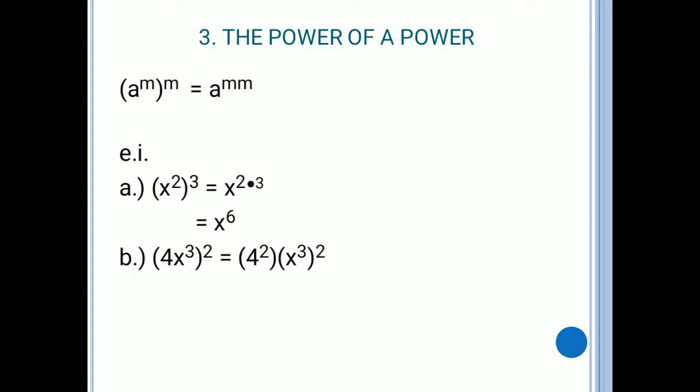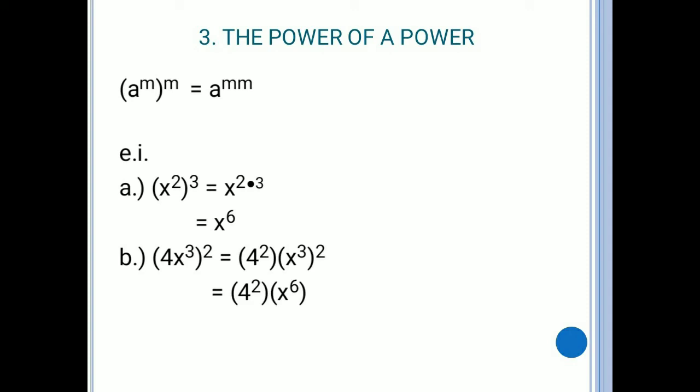Another example, quantity 4x to the third power raised to 2. So, yung exponent na 2 sa labas ay didistribute natin sa 4 at sa x raised to 3. So, 4 raised to 2 is equal to 16.